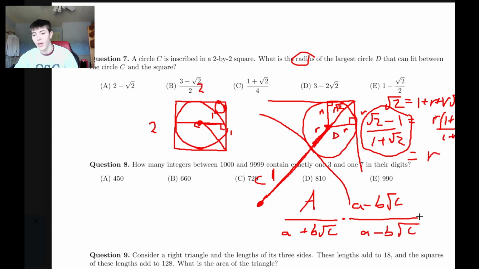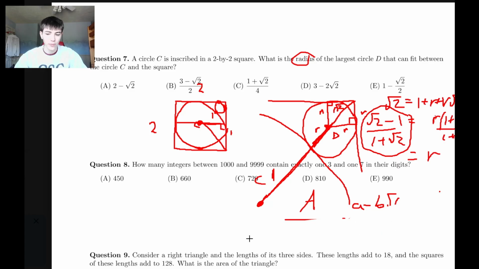Because when you do that in the bottom, you're going to get a squared minus b squared times c, if you know the difference of squares formula, which you should. And then the top, you're going to a times a minus b root c. Whatever a is doesn't matter. You just want to make sure the denominator is rationalized.